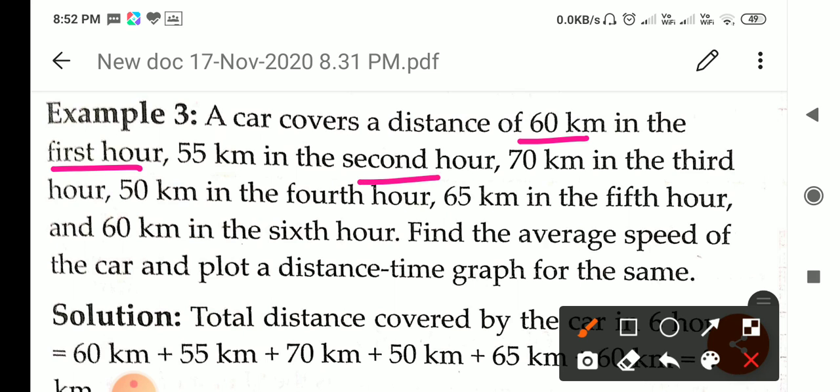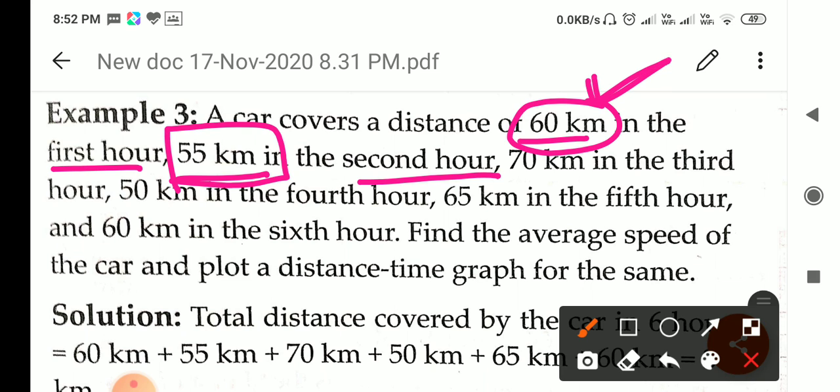Then in the second hour it covers 55 kilometers, in the third it covered 70 kilometers, in the fourth it covered 50 kilometers, in the fifth hour 65 kilometers, and in the sixth hour 60 kilometers.